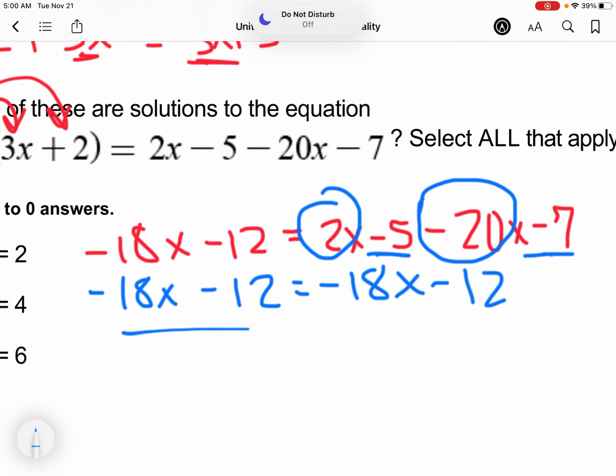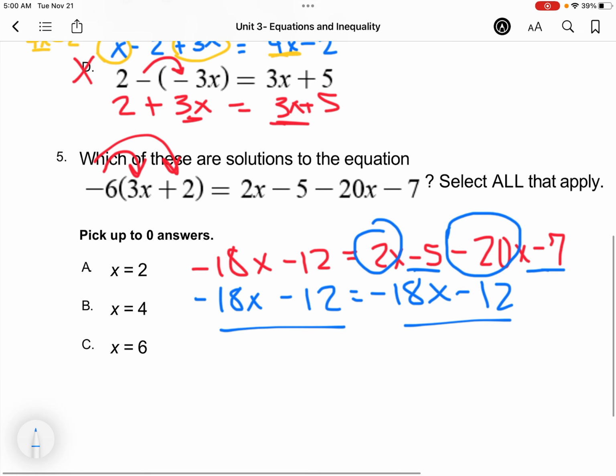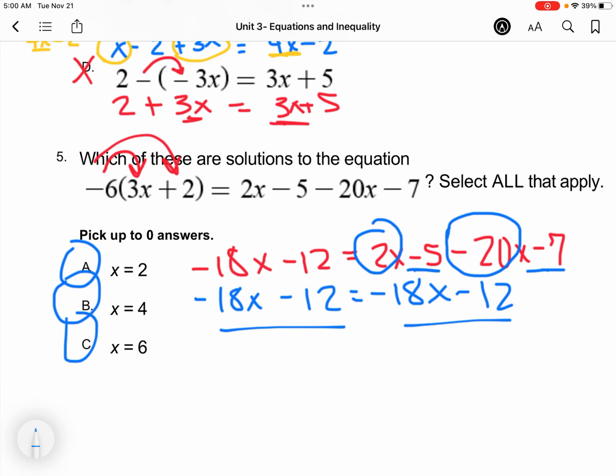So that means they're identical. They're exactly the same. So all of the solutions will work because it has infinitely many solutions.